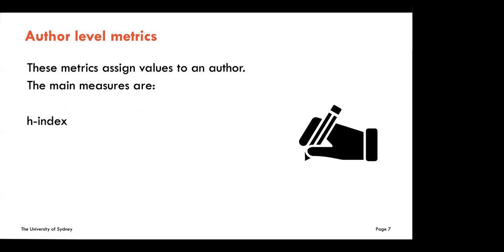The main downside of the H-index is that it favors people who've been around for longer. The longer an article has been available, the more opportunity it's had to be cited. So if I'm an academic that has been writing for 20 years and I've got 200 papers and 35 of them have been cited 35 times, but it was all back in the 80s, I have an H-index of 35.